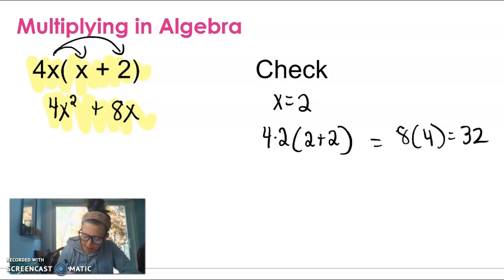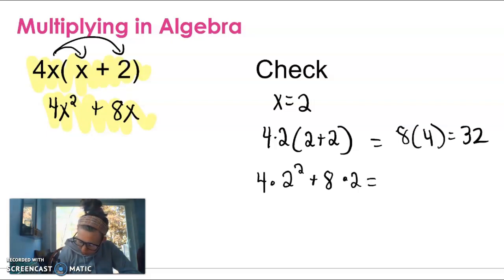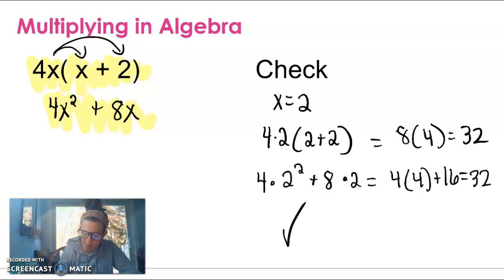And then we would plug it into the second, so 4 times 2 squared plus 8 times 2, which would be equal to 4 times 4 plus 16, which is 16 plus 16, which is 32. Okay, so it works. So those two expressions are equal, so you can just distribute, right?